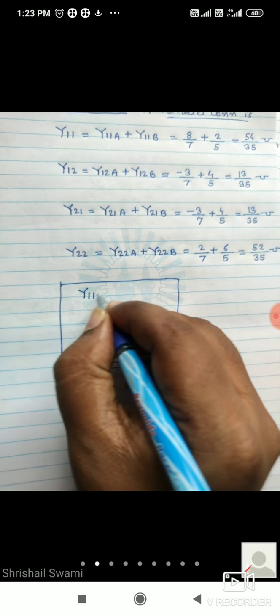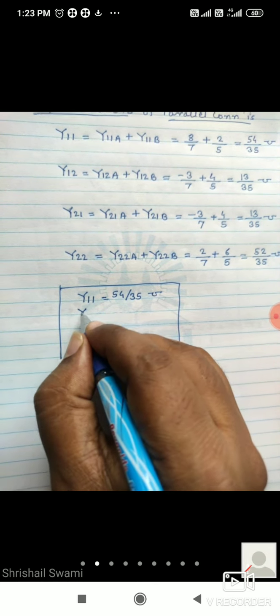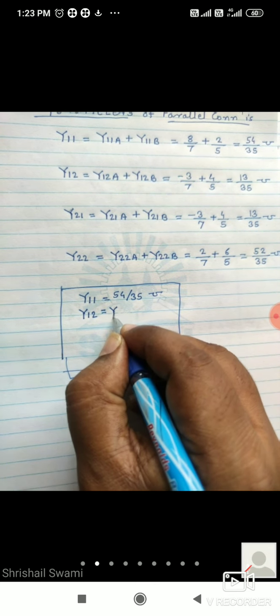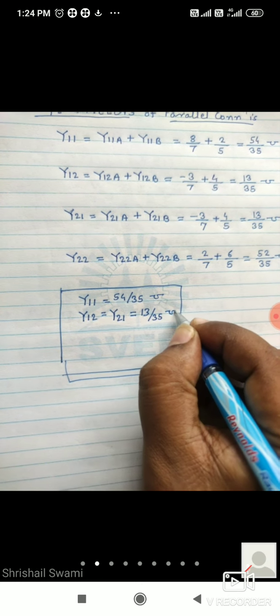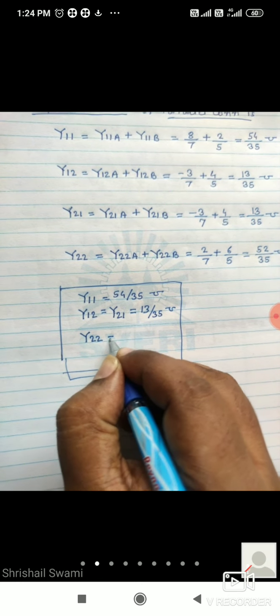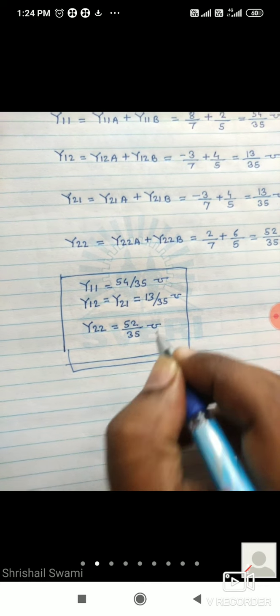Y11 is equal to 54 by 35 mho. Y12 is equal to Y21 is equal to 13 by 35 mho, and Y22 is equal to 52 by 35 mho. Okay, so this will be the answer.